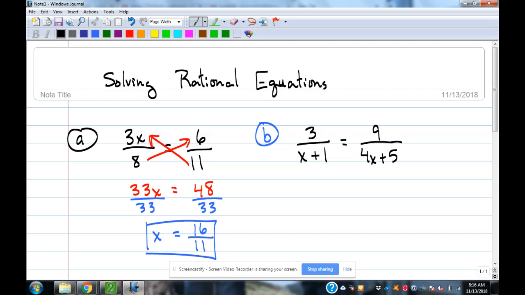So how did we find those when we were simplifying? We took the denominator and set them equal to what? 0. This one has two different denominators, so we're going to set each one equal to 0 and solve it. So one excluded value is -1.